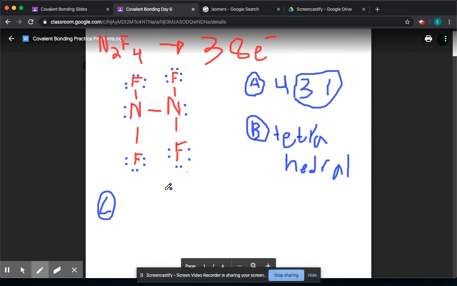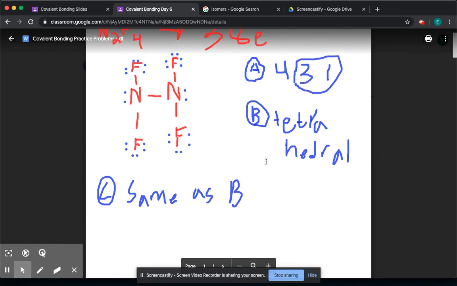So it would be the same as nitrogen. The answer would be the same as B, because the number is the same. The first number here would be 4, just like for the nitrogen, so it would be the same EDG. So C would be the same as B, which is tetrahedral.